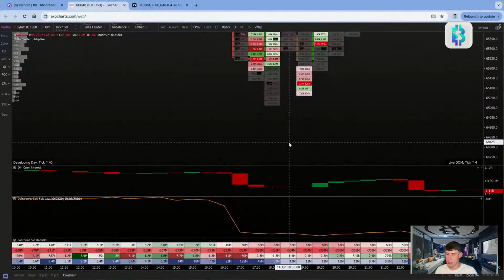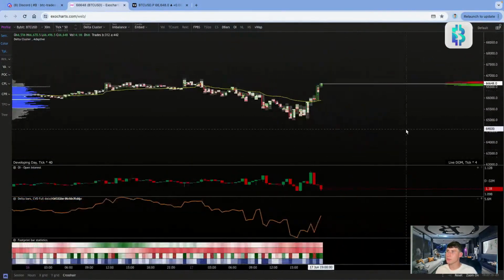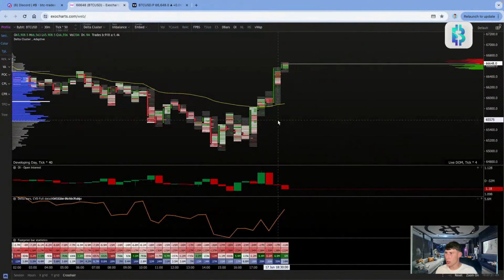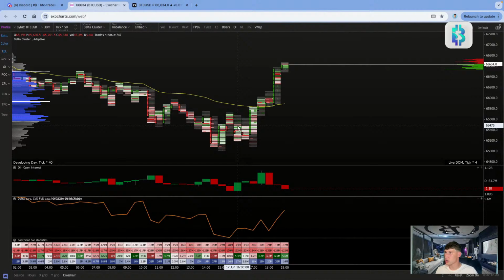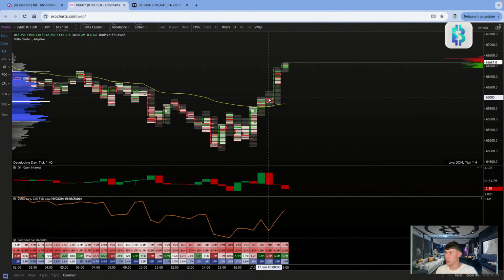What we can now see is, of course, we had 6.4 million longs coming in here, and we had 5.4 million longs coming in here. So this is pushing the price higher.